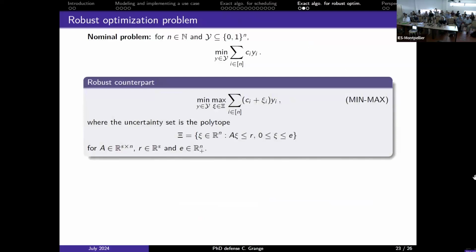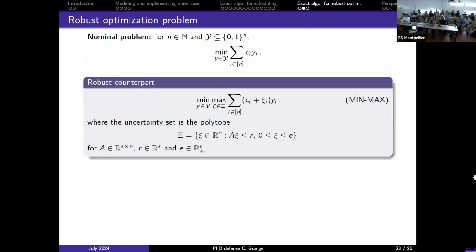Okay, so the problem that we worked on here is the following. We want to minimize on a feasible set y the dot product between the cost vector c and the decision variable y. And the robust counterpart that we looked at was where only the cost vector was uncertain.